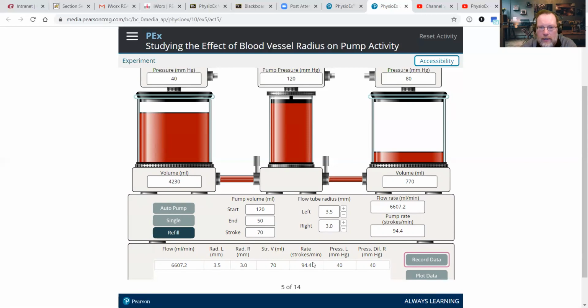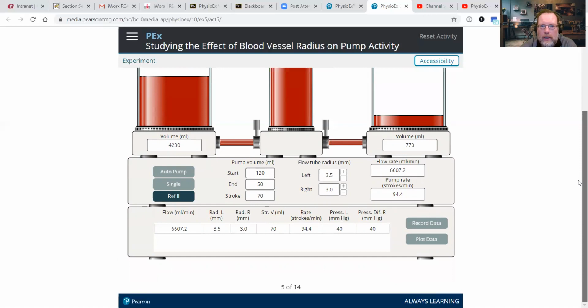What we're doing is getting a baseline of 3 millimeters radius. That's going to give us a stroke per minute, or a heart rate, of 94.4. Okay. So we can determine flow, which is also, remember, cardiac output. Flow and cardiac output are the same thing.